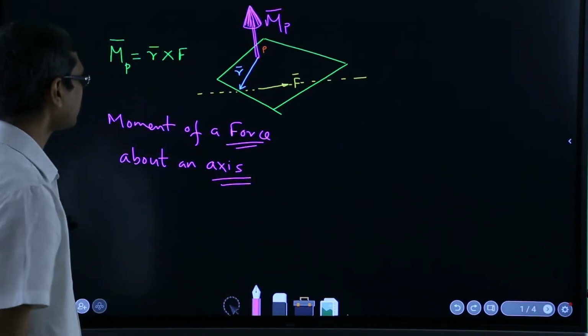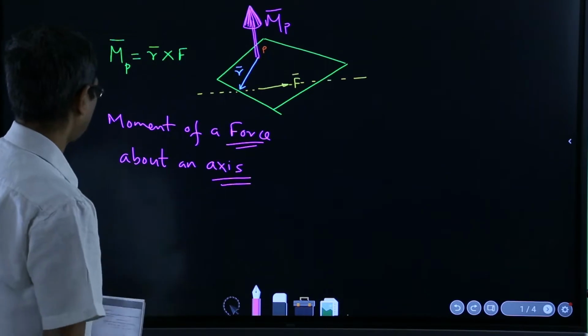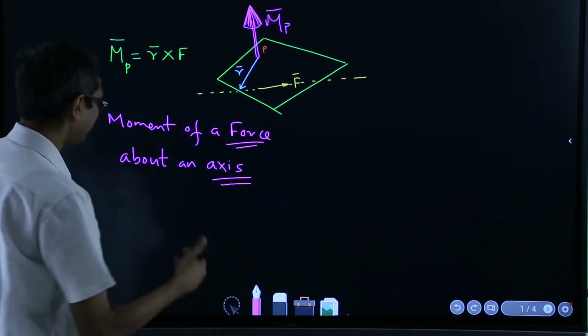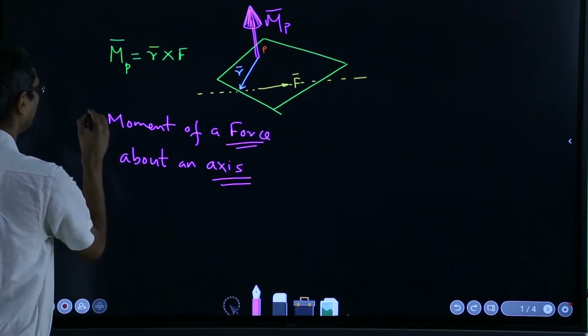Now this concept, in our sequence of important vectors, will come as, I think, number 5.